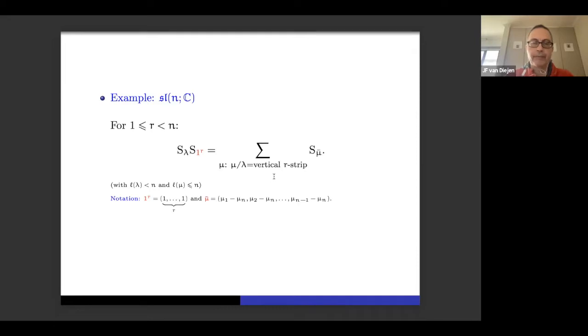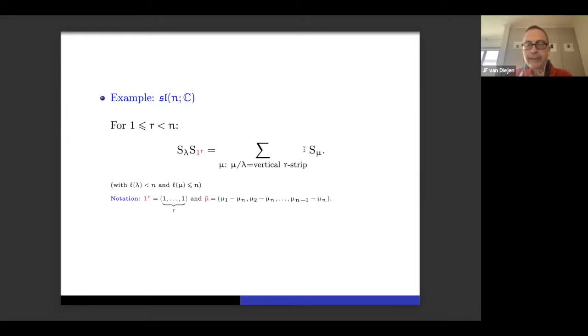So that means that you add R boxes to lambda in such a way that you still maintain a partition. Well, you can do that in several ways, and if you sum over all ways, then you get this decomposition, and all the multiplicities are equal to 1, so it's multiplicity free.